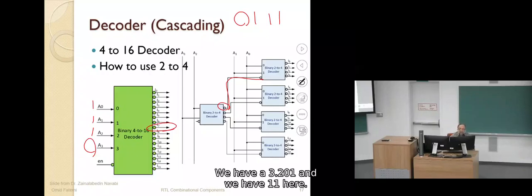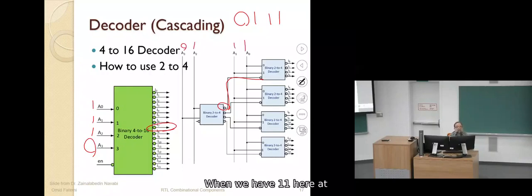So now let's look at our design. We have A3 and A2 as 0, 1, and we have 1, 1 here. When we have 1, 1 at the input for these 4 binary decoders, it means that we are selecting this one, assuming that the enable is active.